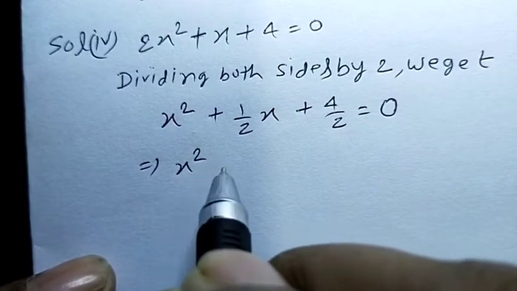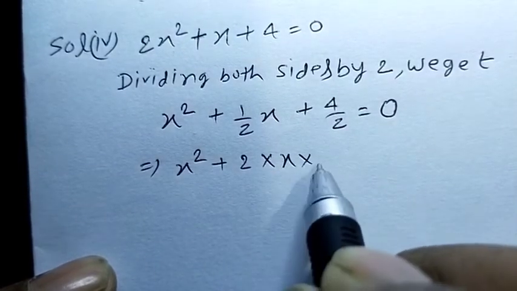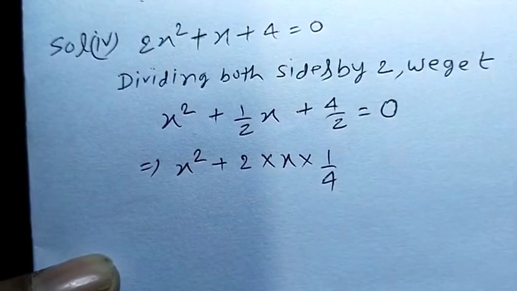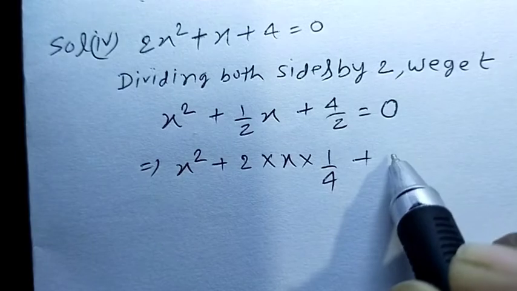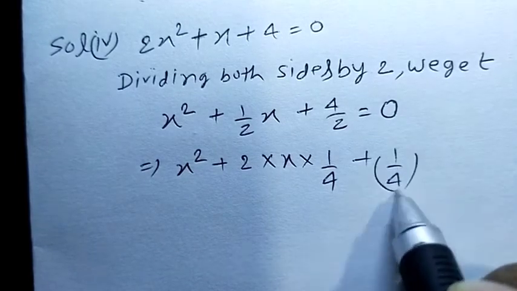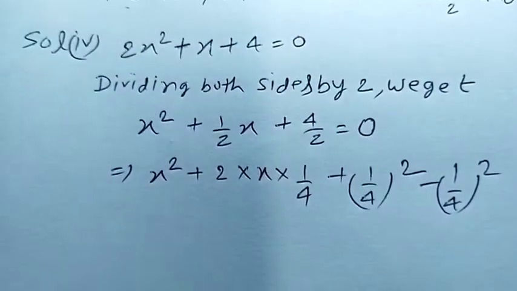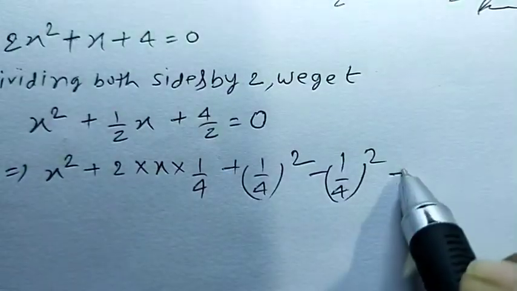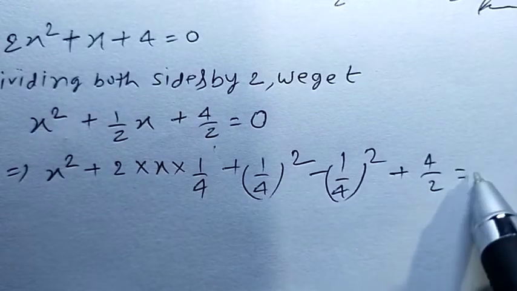Implies x square plus 2a and b is also, 1 by 4, plus 1 by 4 the whole square minus 1 by 4 the whole square plus 4 by 2 is equal to 0.